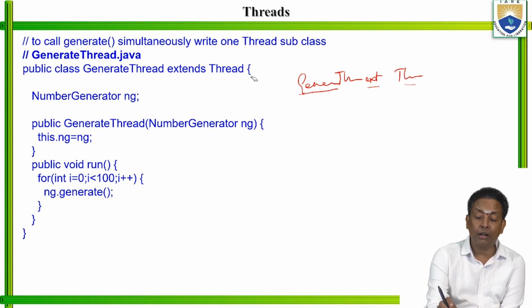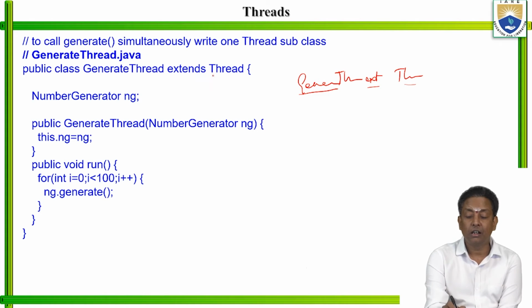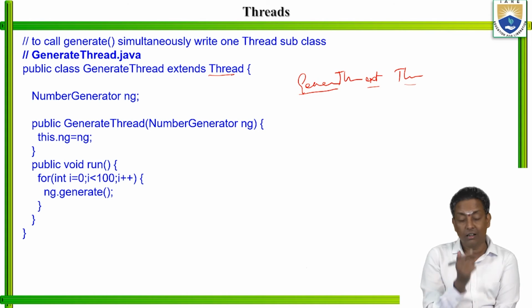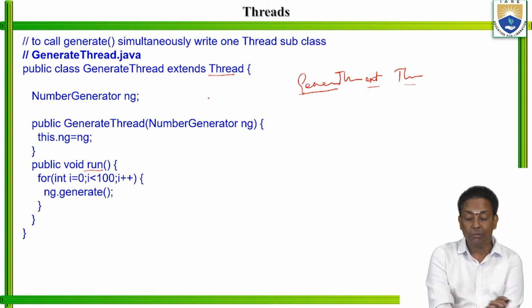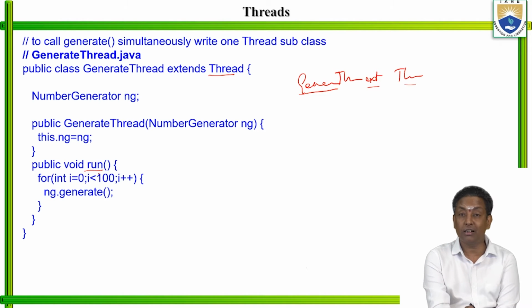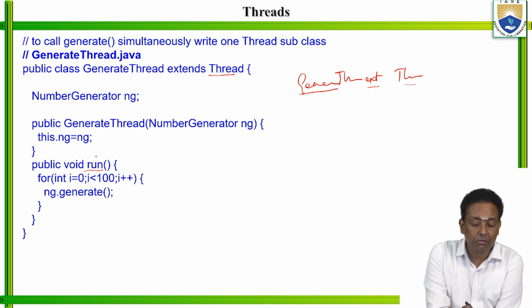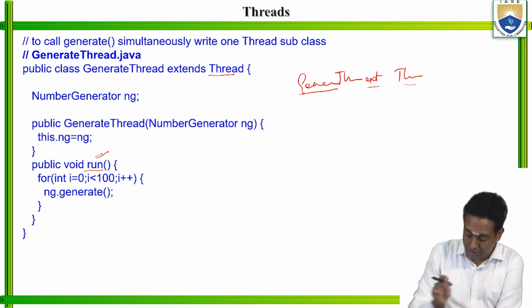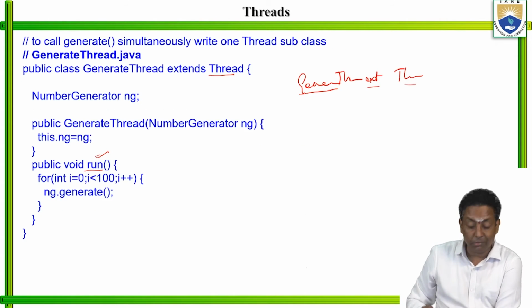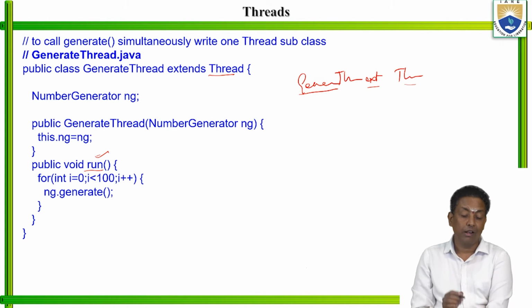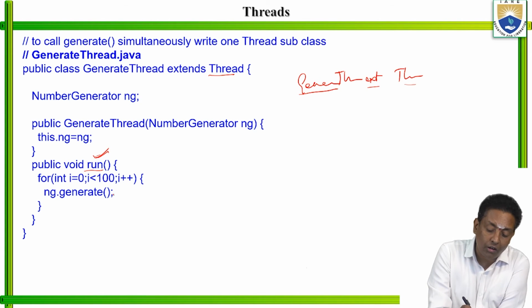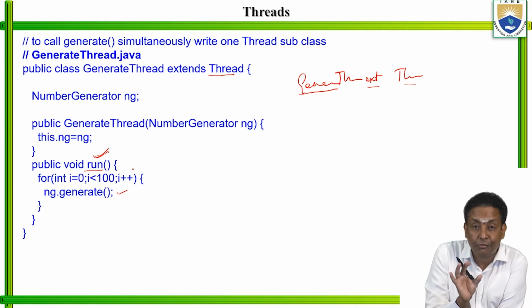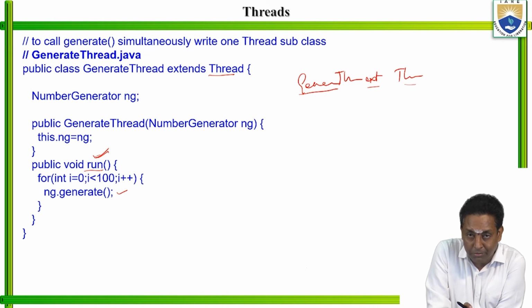So whenever you implement a thread, you must do two things. One, write a class that extends Thread, and second, override the run method, because in the Thread class the run method is already implemented once. From the run method, we want to call the generate method 50 or 100 times.